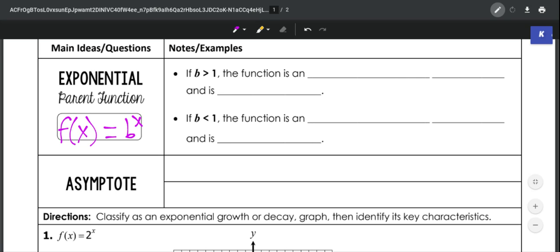Now, if that b is greater than 1, that means your function is an exponential growth function, and it is increasing. Growth, increasing, those two kind of go together.